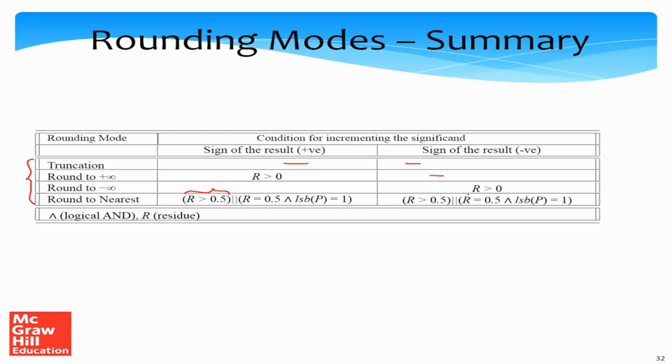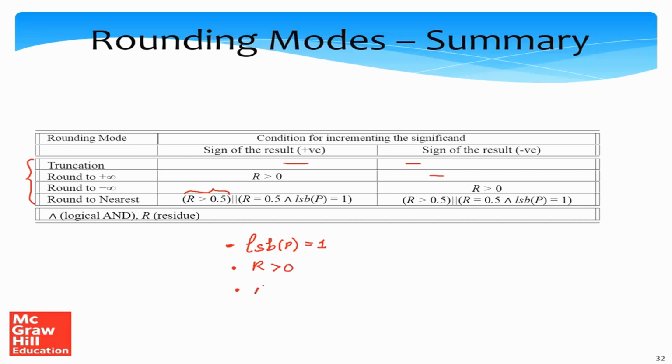So one very important takeaway point here is that to implement this in hardware, we have to have multiple circuits. The first circuit needs to compare the value of the least significant bit of p with 1. So you need to have one comparison circuit. The second circuit needs to compare the residue with 0 and compute this expression.